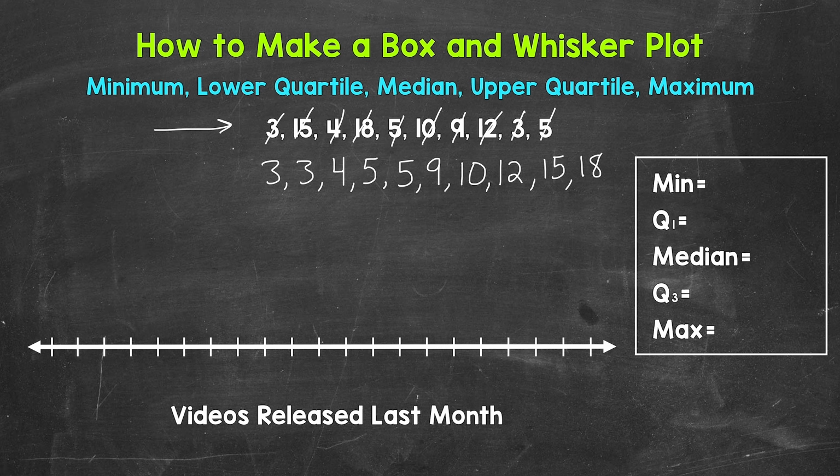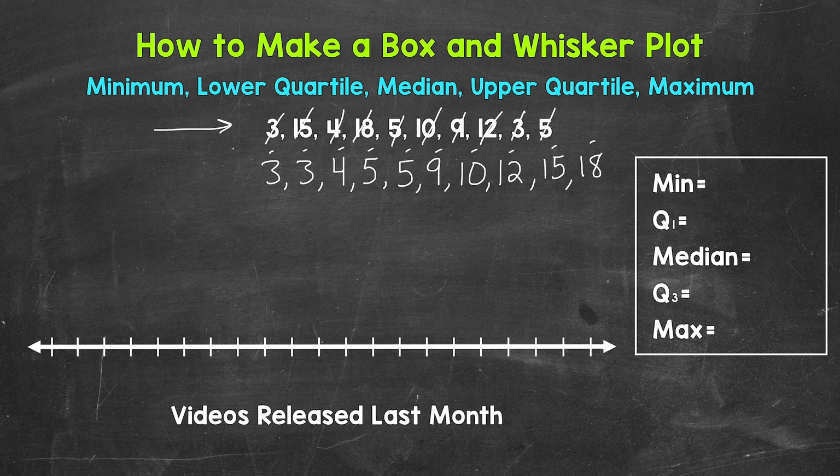Now we should have 10 numbers there. 1, 2, 3, 4, 5, 6, 7, 8, 9, 10. Now that we have the data in order from least to greatest, we need to find all of the parts that we will need for the box and whisker plot.